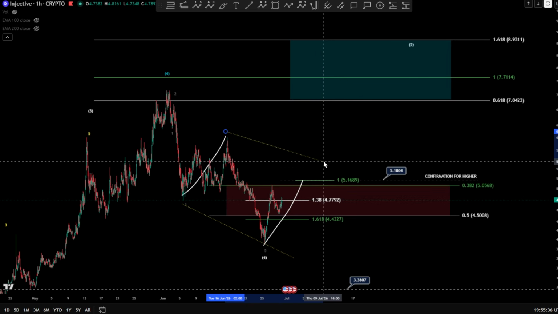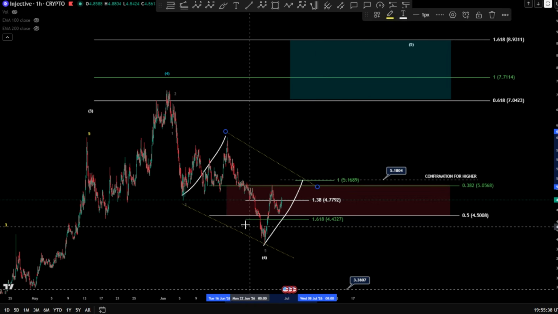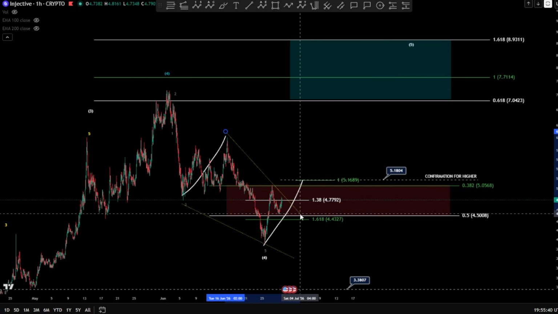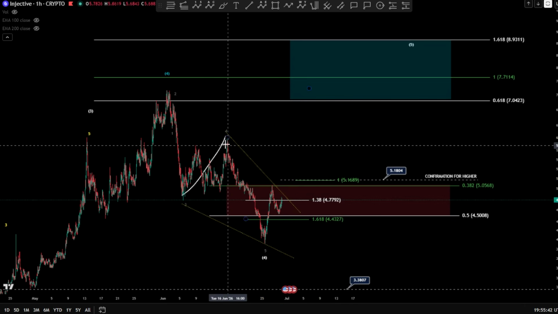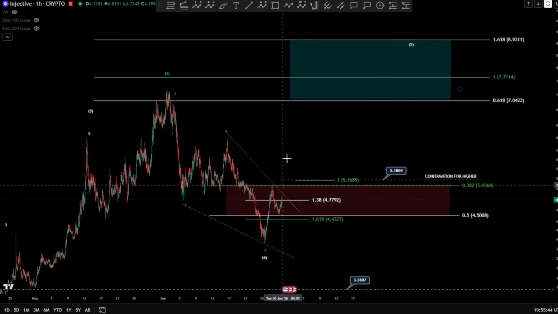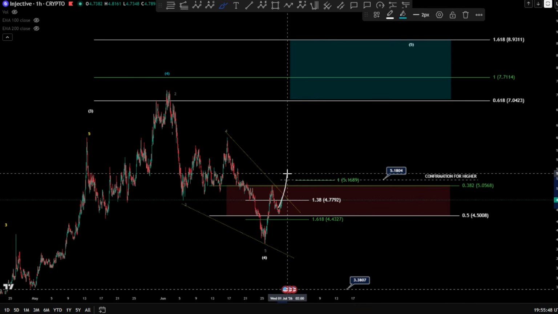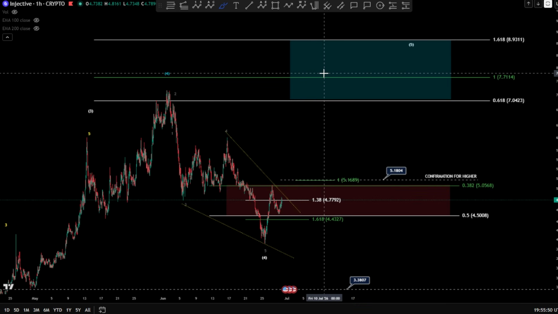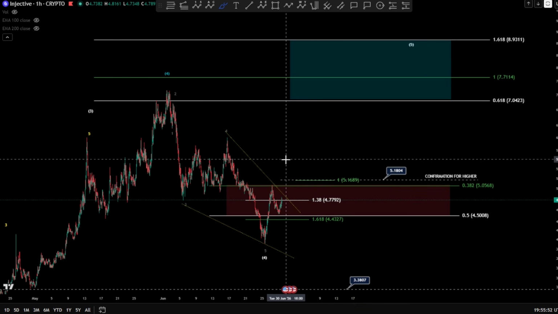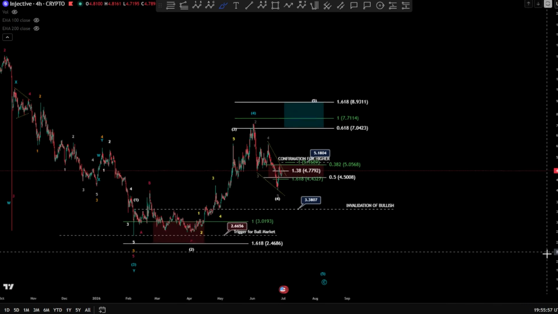This diagonal starts to expand, and this is not, of course, what we are looking for. Therefore, I'm still looking for an answer here, a total brutal answer. I would say if we take this, we're pushing to the blue box. Wave 5 is unfolding. So those are the key levels and the probability for the bullish and the bearish.